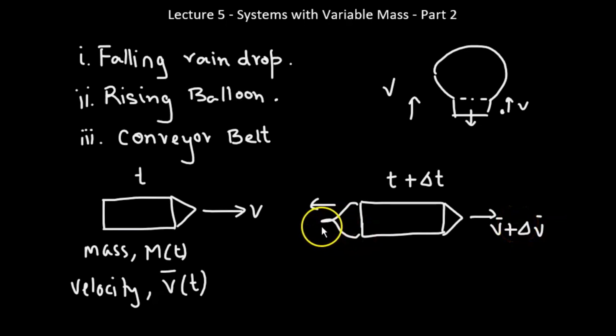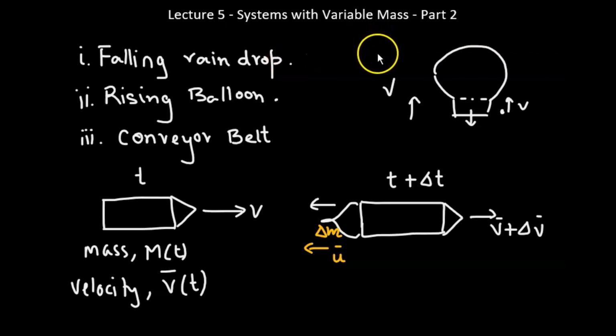Now let's assume that delta m amount of mass, the amount of fuel, is leaving the rocket, or just exhausting the rocket. It is exhausting with a relative velocity of u. This is going to be a different velocity, and this particular velocity u is measured from the rocket's frame of reference.